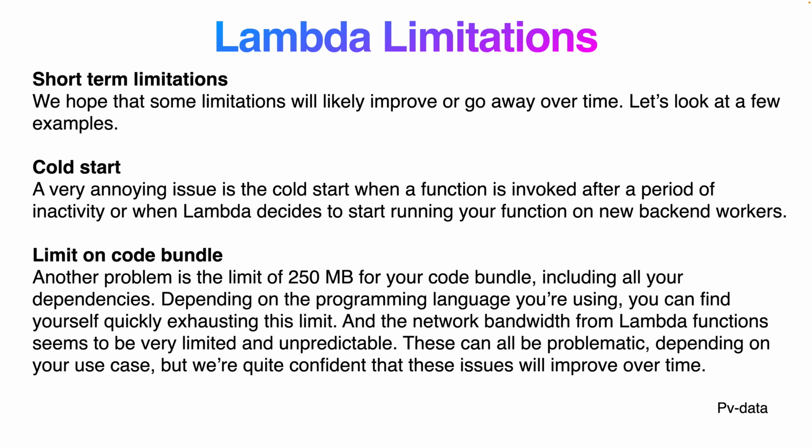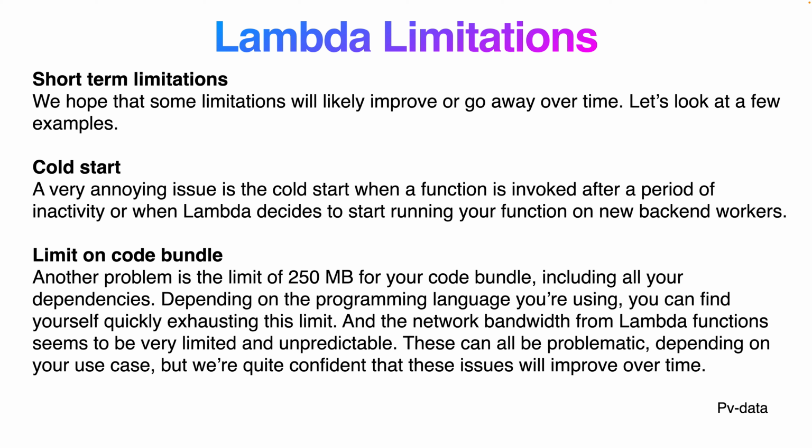So now let's talk about Lambda limitations. These are short-term limitations, and we hope some of them will likely improve or go away over time. Let's look at a few examples. Cold start: a very annoying issue is the cold start, when a function is invoked after a period of inactivity or when Lambda decides to start running your function on a new backend worker. So a cold start can create a problem.